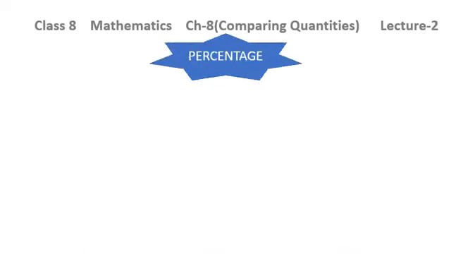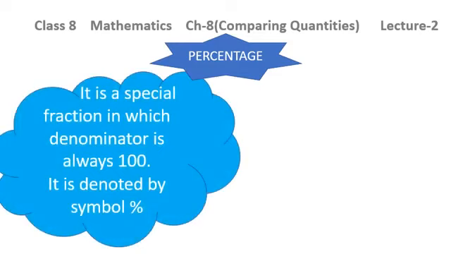Let us revise what we have studied in the previous lecture. We have studied about percentage. What do you mean by a percentage? It is a special fraction in which the denominator is always 100. If I am saying I need to find the percentage of a number, I mean that I need to find the fraction of that particular number.